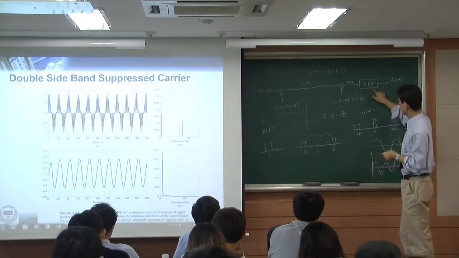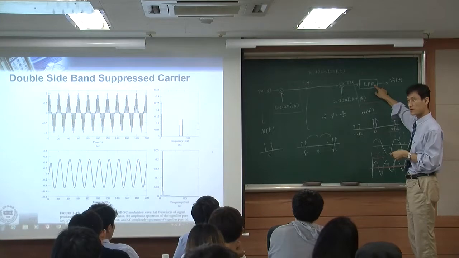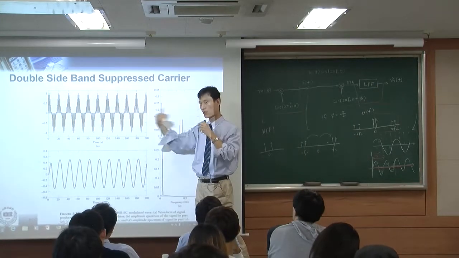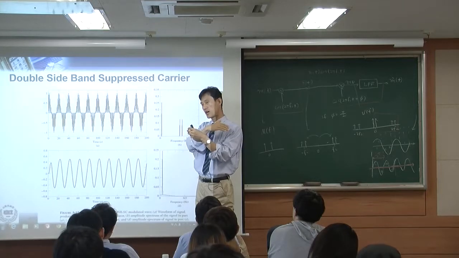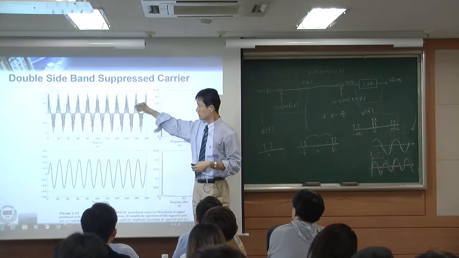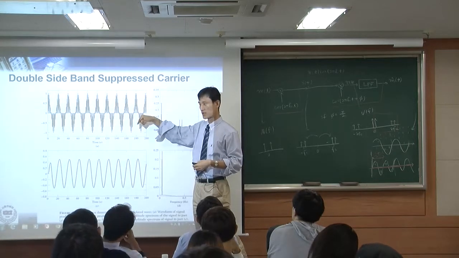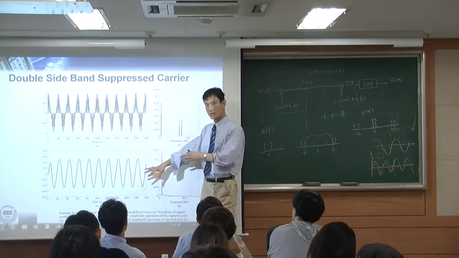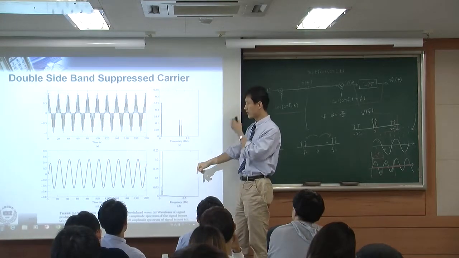Next thing to do is to go through the low pass filter. So when you put this signal into the low pass filter, what is going to be output? This is going to be the output in time domain. But look at the same thing in frequency domain.